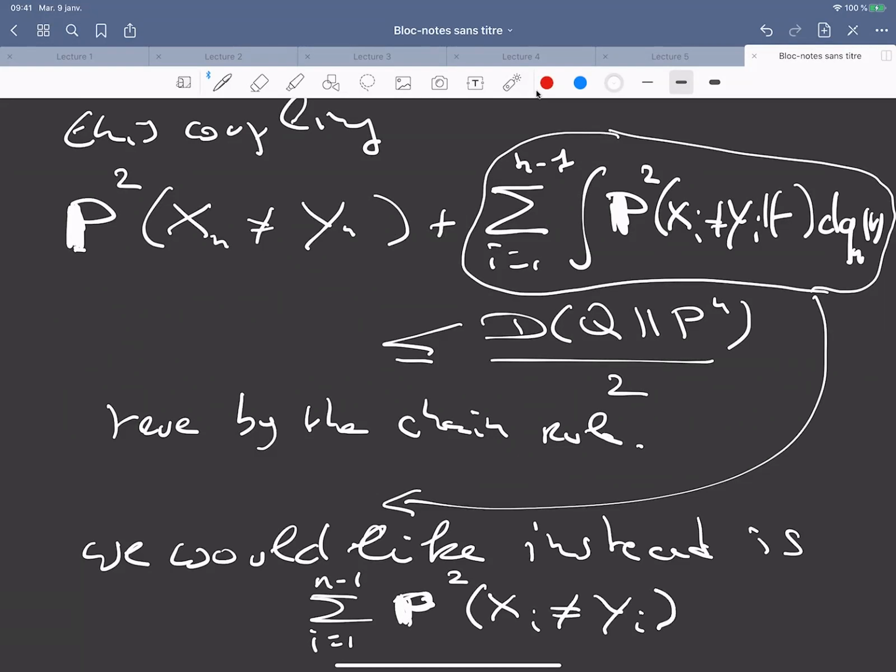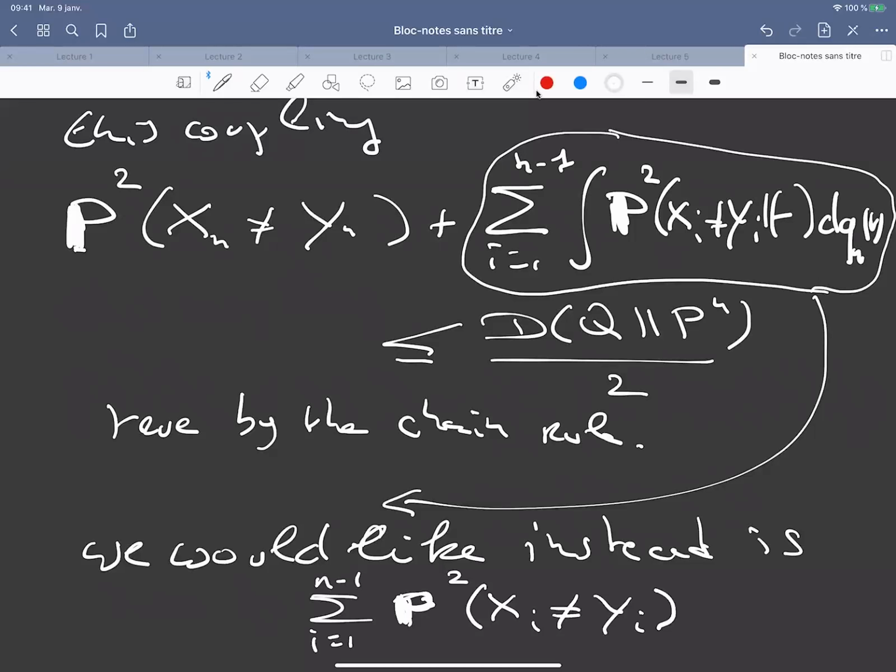But if you look at what happens here, if I remove the square, the integral of the conditional distribution under the distribution Qn is merely the expectation of a conditional expectation, that is the probability that xi is different from yi.